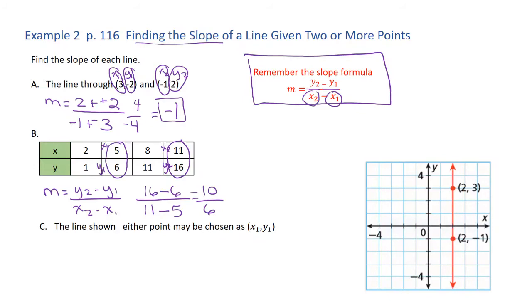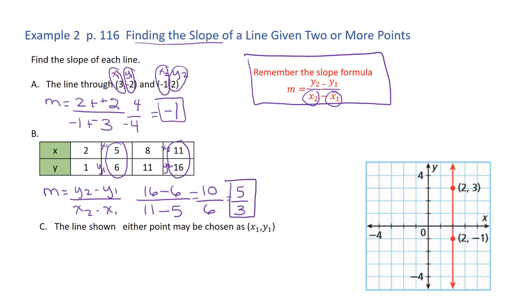Our answer could be 10 over 6, but we're going to reduce that. 2 goes into 10 5 times, and 2 goes into 6 3 times. I know I've told you on some fractions you don't have to reduce them, but when you're doing slope, go ahead and reduce it. It just makes it a little easier. So the slope of this line is 5 over 3.